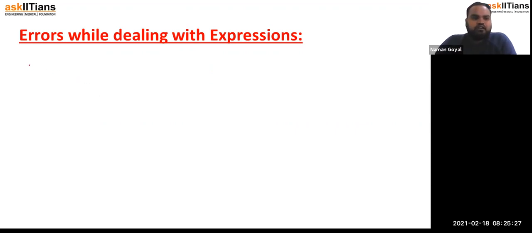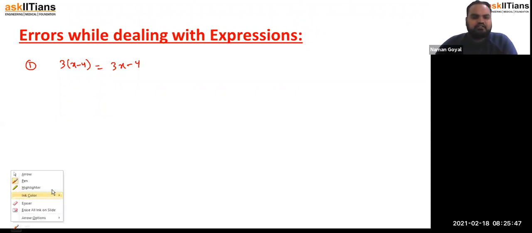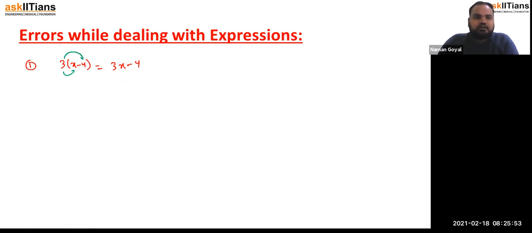For example, if some student writes the expression 3(x minus 4) as 3x minus 4, so what did he do? He multiplied this 3 with x, but he did not multiply this 3 by 4.